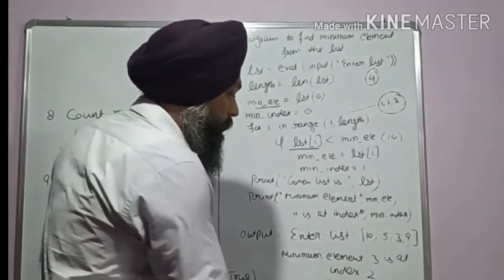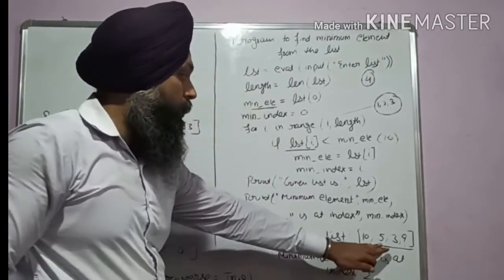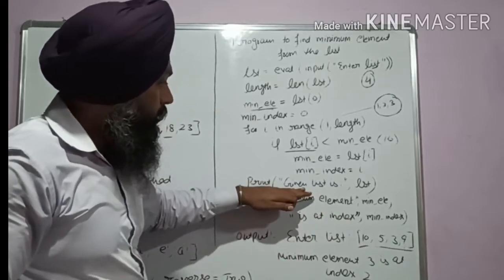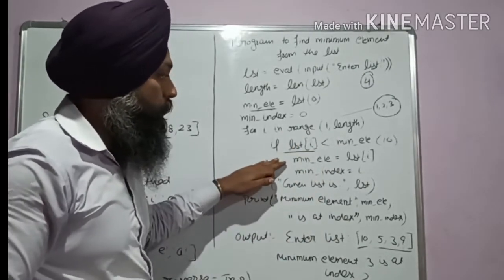In this way we will compare this value with the rest of the values of the list, and in the end we will find our minimum value from the list.